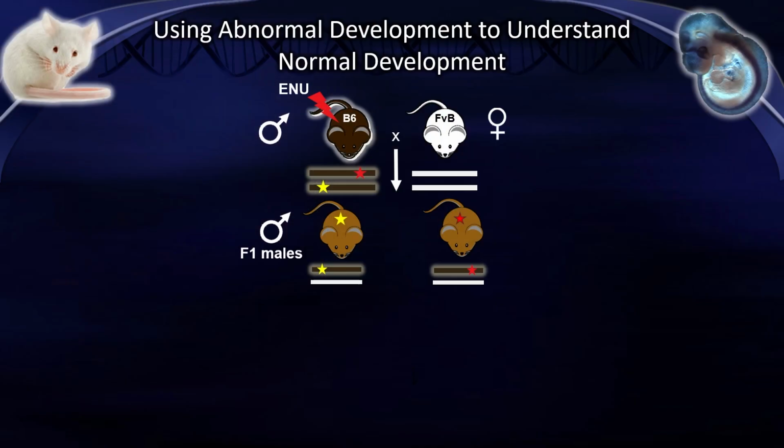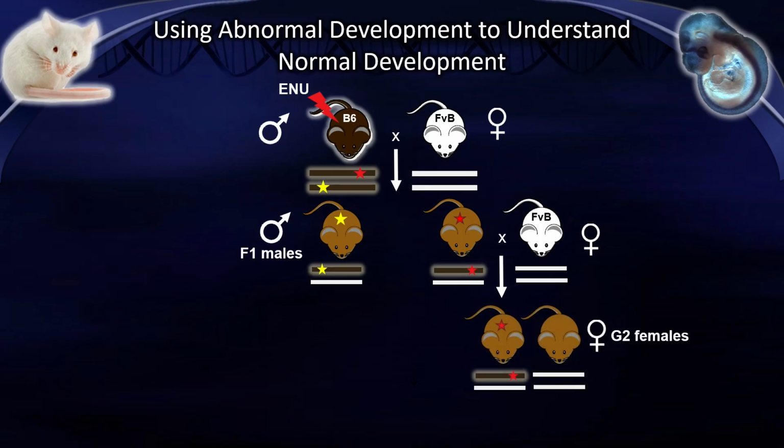We would then take those offspring and cross them again to a white mouse. In those offspring, the red mutation is going to be inherited by half of the children. Now, we can't see the mutations, so this is all blind. We just know probability half of the offspring will have the mutation.